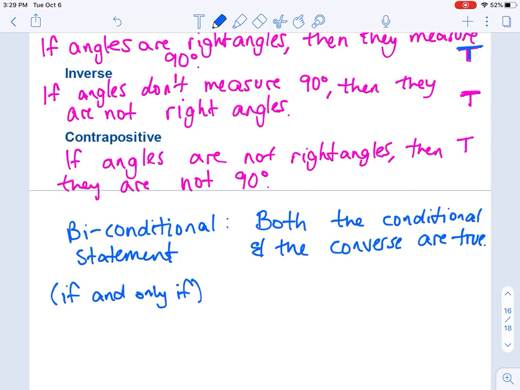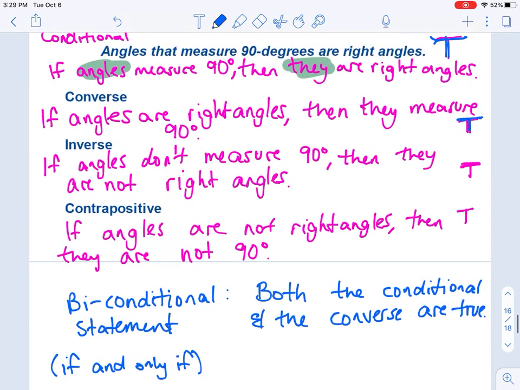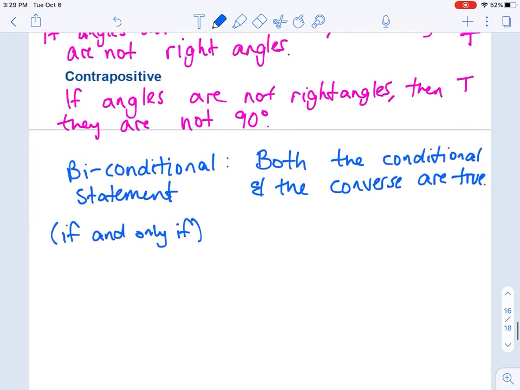So if they are both true, conditional and converse, we can write a biconditional statement, and that would look something like: angles measure 90 degrees if and only if they are right angles.